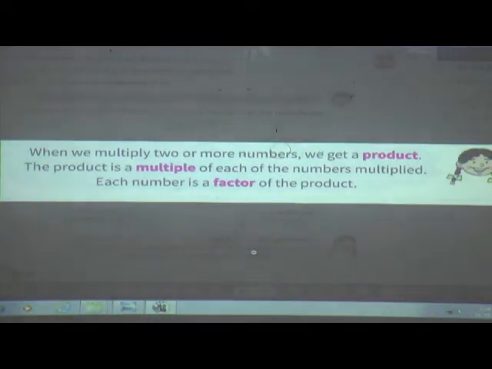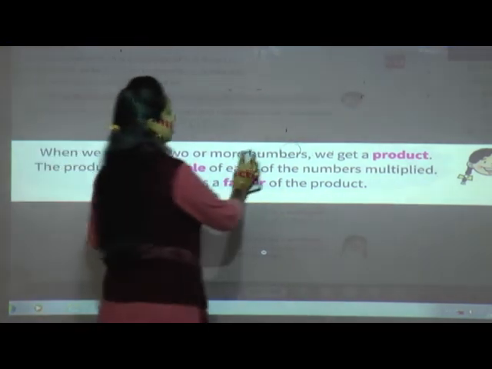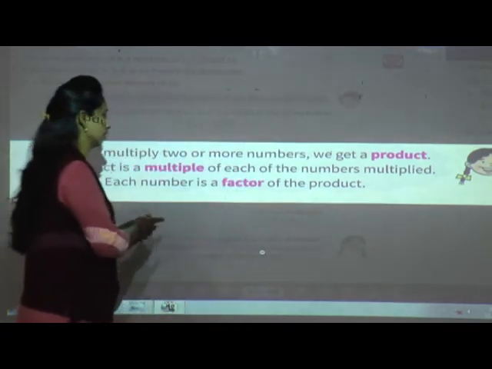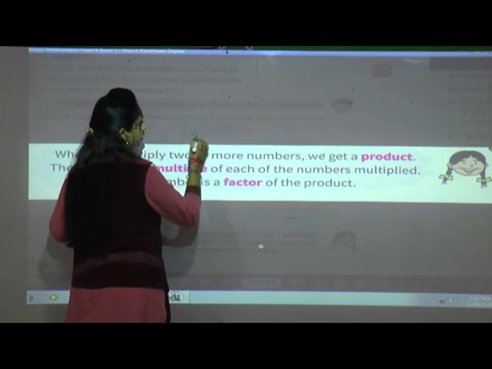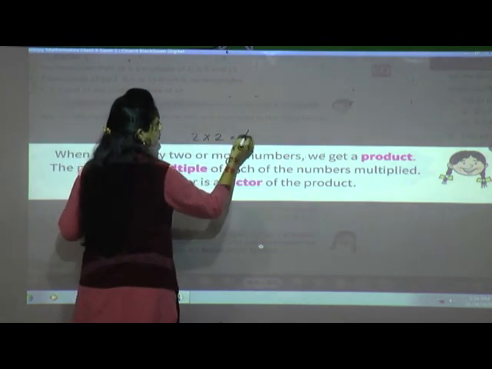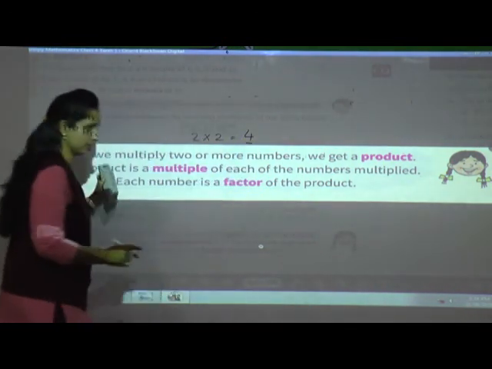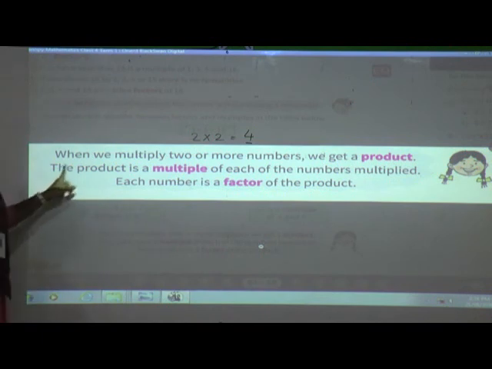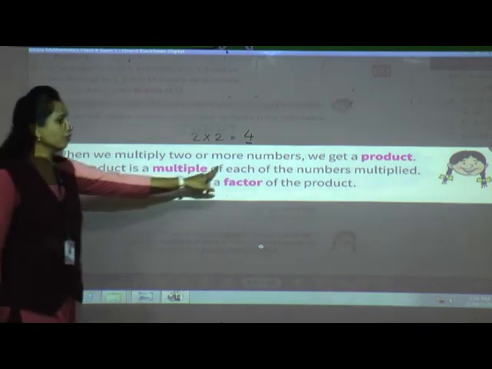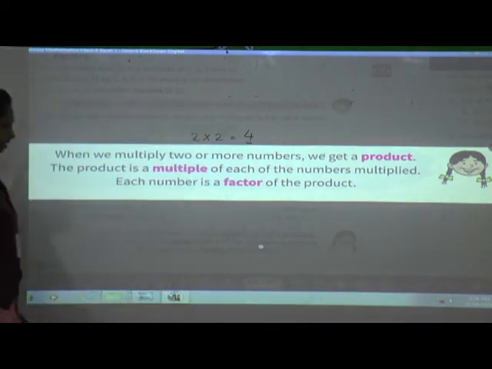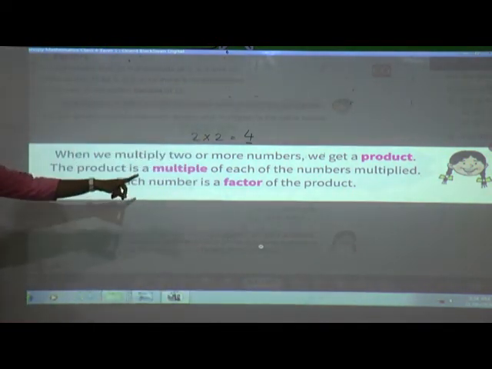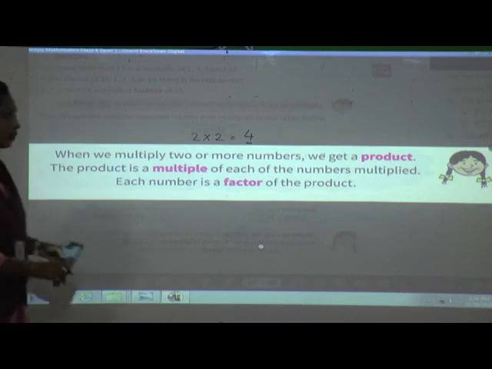Now see what they said. When we multiply two or more numbers, we get the product, isn't it? See, when we multiply two numbers, like 2 multiplied by 2, what do we get? We get a product, isn't it? So the product is a multiple of each of the numbers multiplied, isn't it? So each number is a factor of the product.